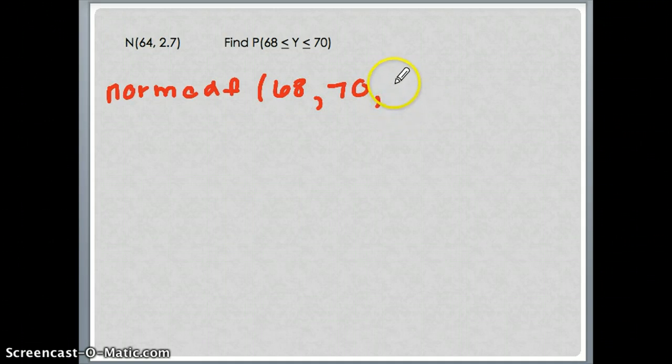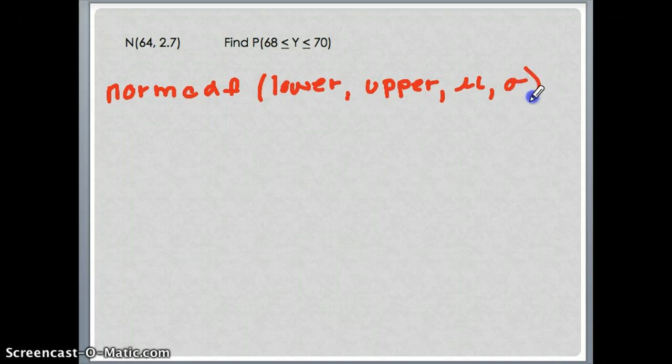In case we forget, the order in which you put it into your calculator would be the lower boundary, to your upper boundary, and then your mean and standard deviation.